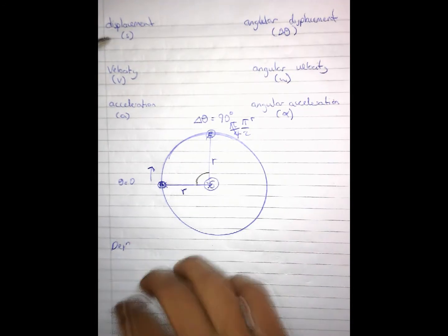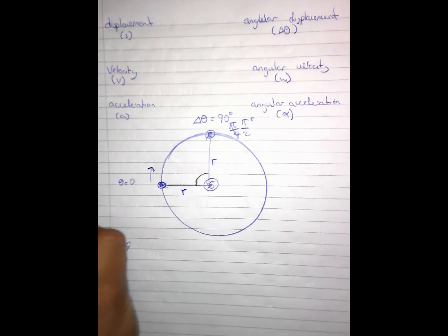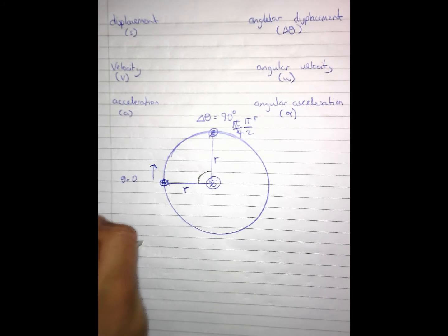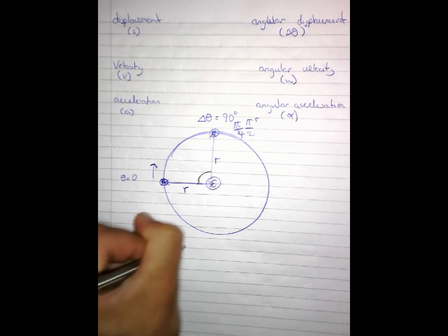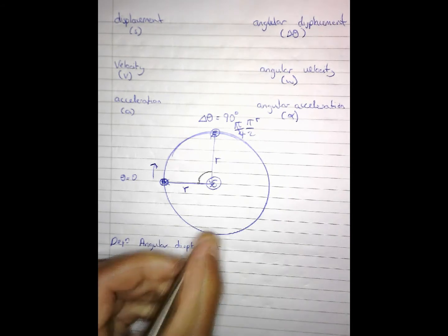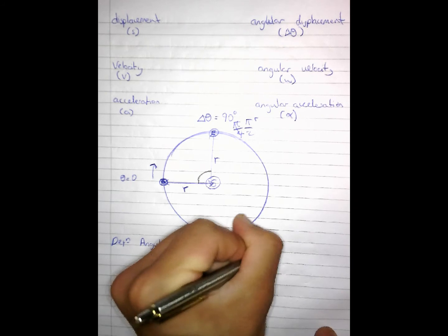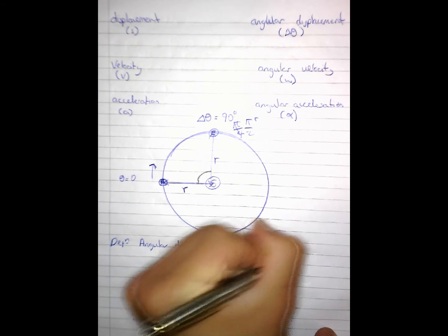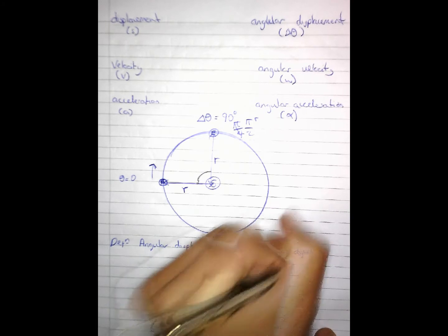In a similar way, the definition of displacement is the change in distance in a certain direction. We can just have a definition of angular displacement as the angle an object has moved through.